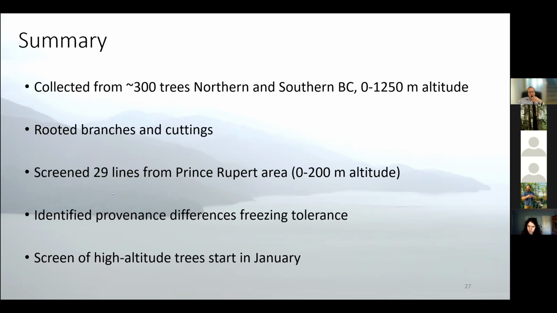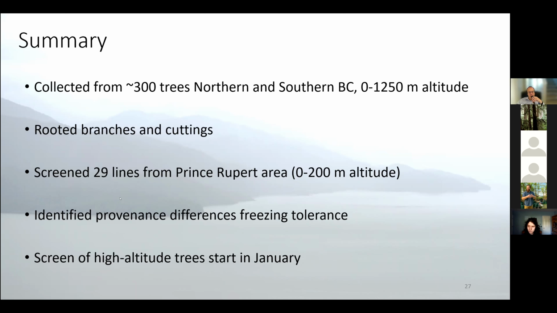We have so far screened only 29 lines, I should say, from the Prince Rupert area, 0 to 200 meter altitude. But in such a small set, we actually see differences in freezing tolerance already now. So we're fairly optimistic, something that we didn't know if we would find at all. And we do seem to see differences in freezing tolerance between some of these lines.